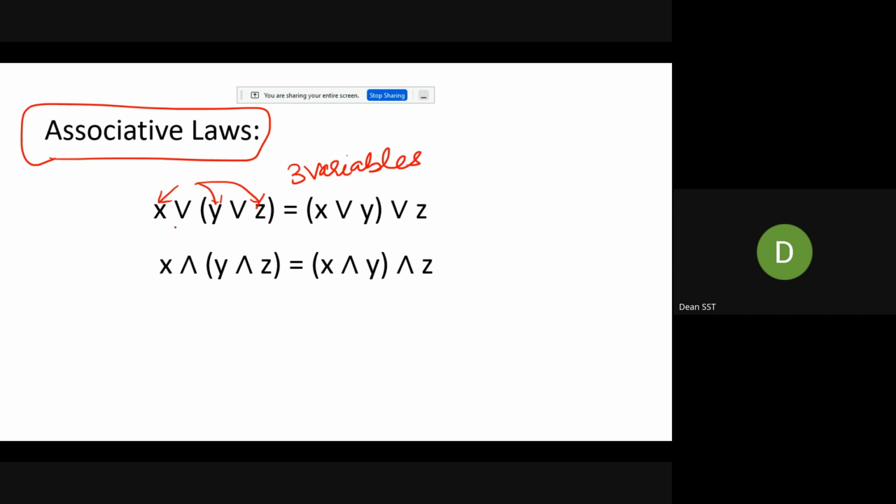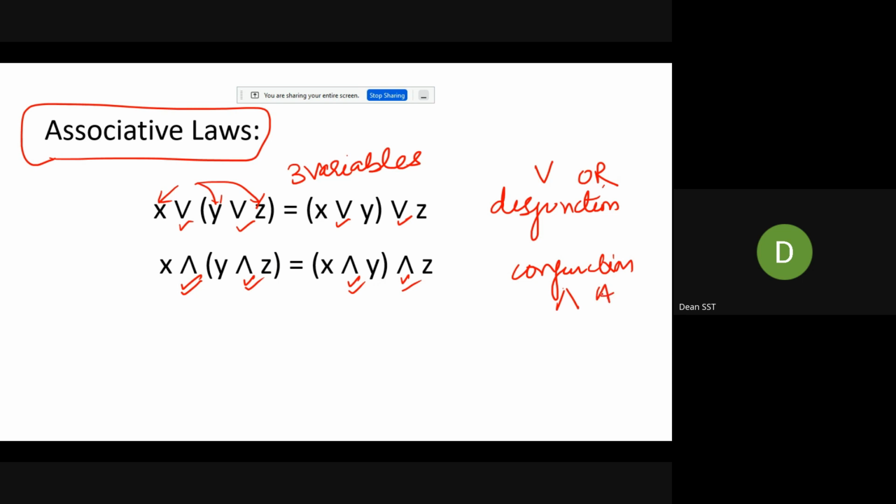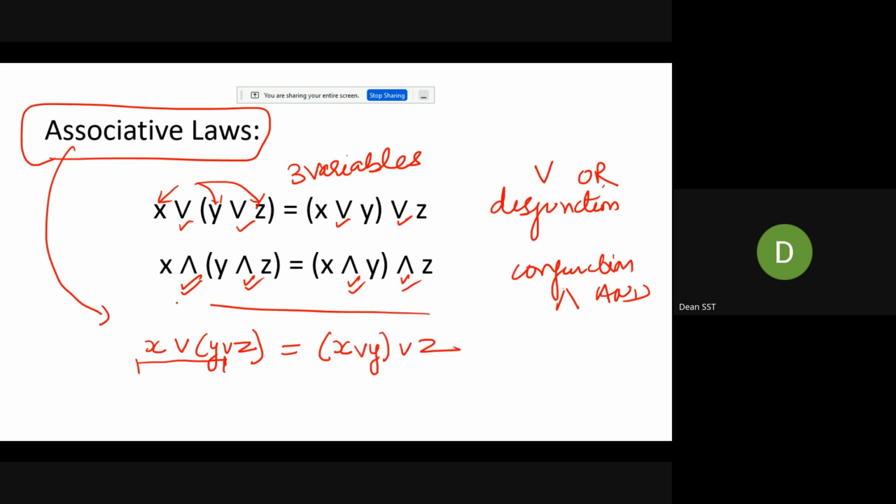Operations are disjunction, meaning OR, and conjunction, meaning AND. As the associative law states, we can write x or y or z grouped either way, and these are equivalent.